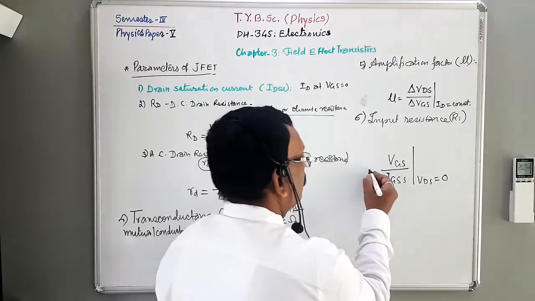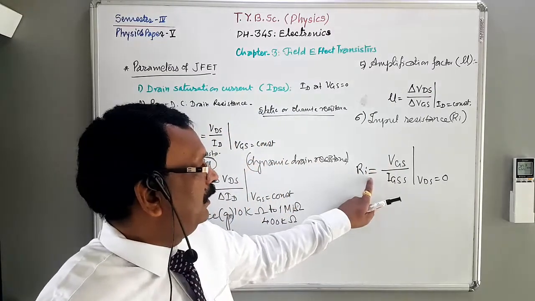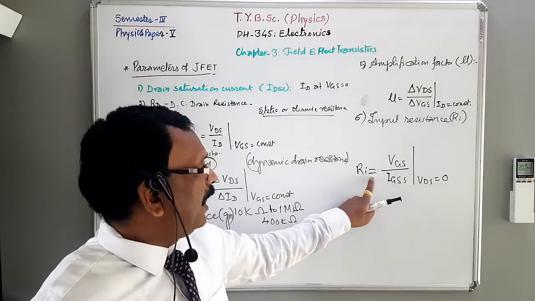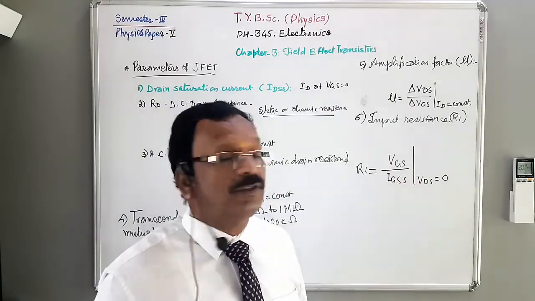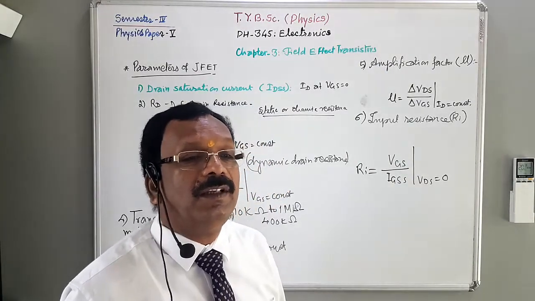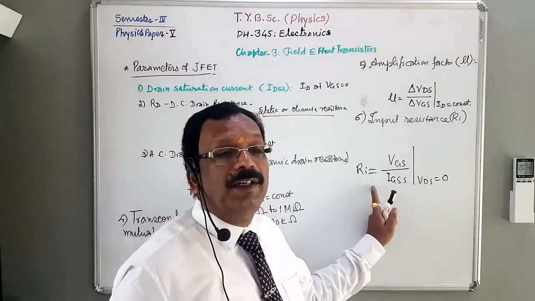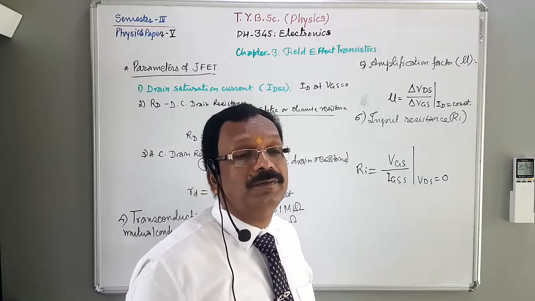Okay. So, mathematically input resistance is defined as Ri is equal to VGS upon IGSS at VDS equal to 0. And it is of the order of 100 mega ohm.